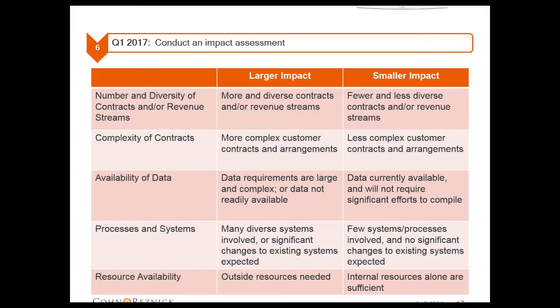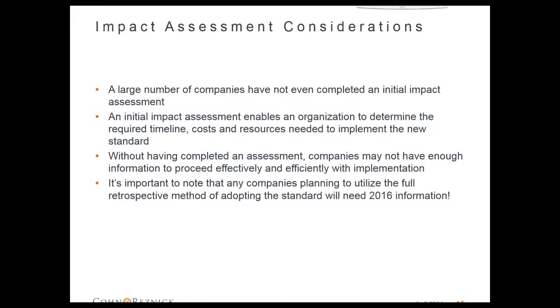Some of the things to consider during the impact assessment will be the number and diversity of the company's contracts, the complexity of those contracts, the availability of revenue-related data, the number of systems and processes involved, and the amount of change expected across existing systems and processes, and finally, the availability of resources, particularly people resources, will have an impact on your implementation throughout the upcoming year.